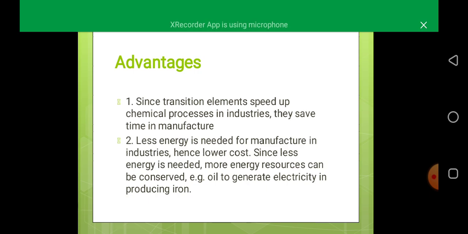Let's say the energy required for production in the Haber process: when we use a catalyst, it reduces the energy by 60 to 70%. That means we reduce costs. Less energy is needed for manufacture in the industry, hence lower cost. Since less energy is needed, more energy resources can be conserved, e.g. oil to generate electricity in producing iron.